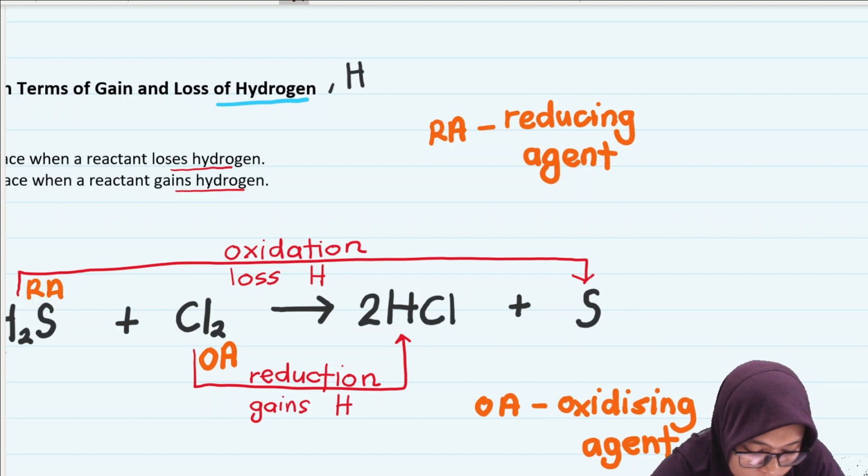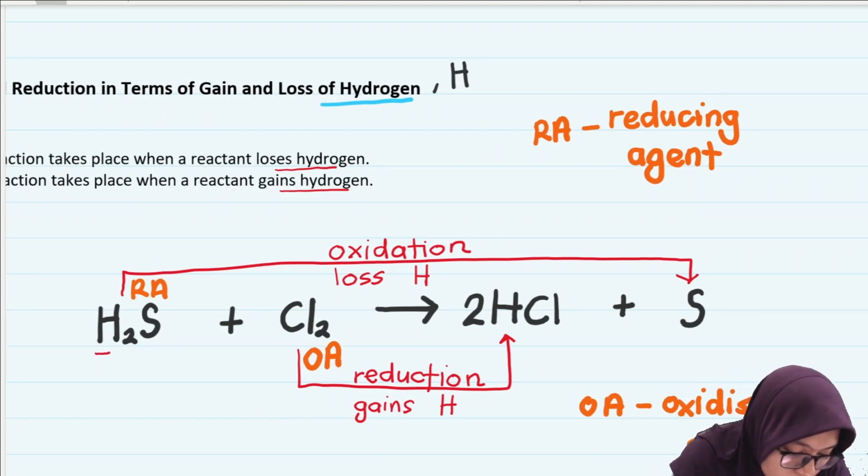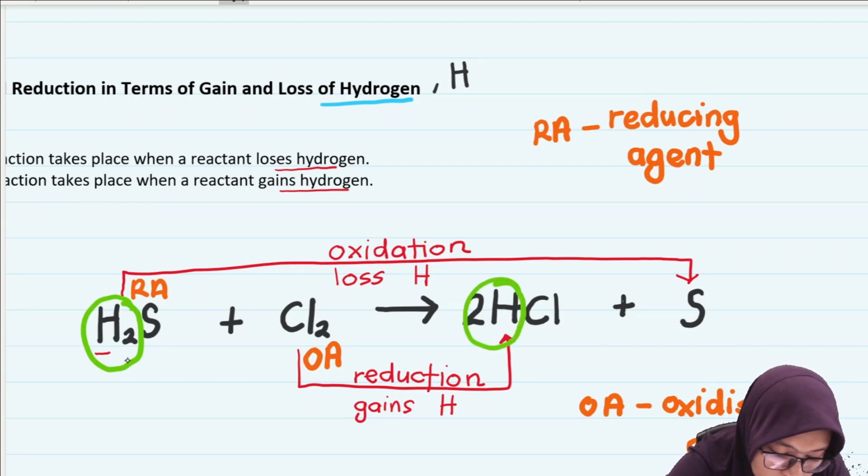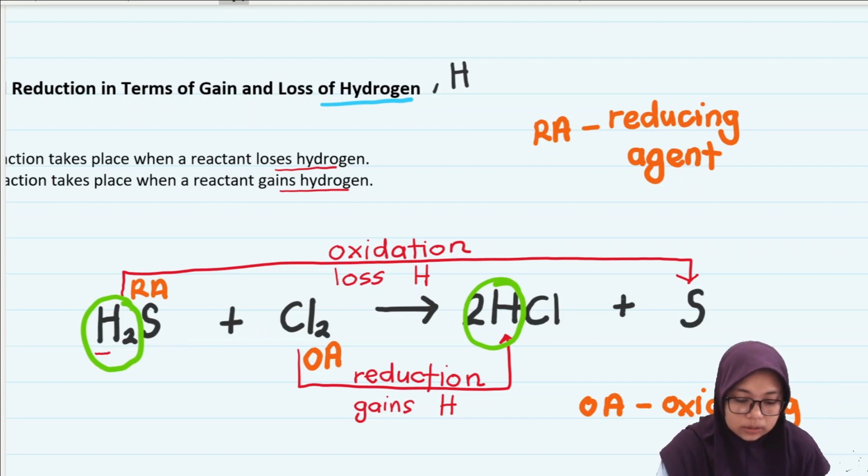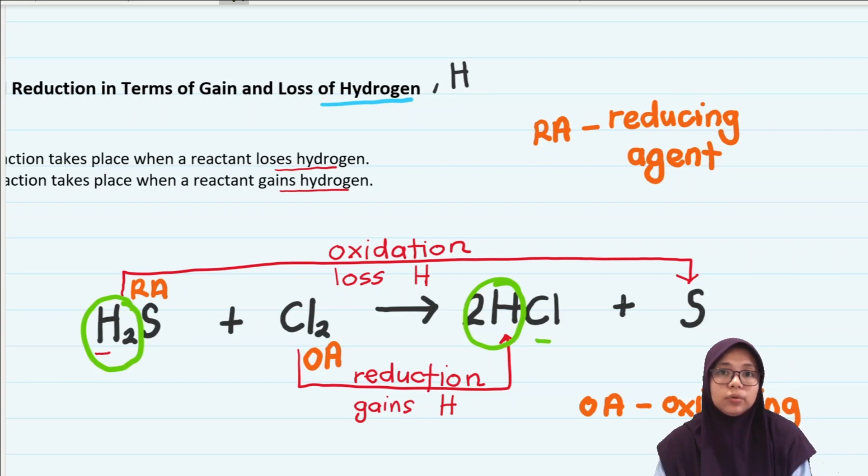In this reaction, as you can see, the hydrogen actually moves from sulfur kepada chlorine. So dia change place dekat sini. Mula-mula hydrogen dekat sulfur, tapi pada hasil tindak balas, hydrogen tu berada bersama dengan chlorine.